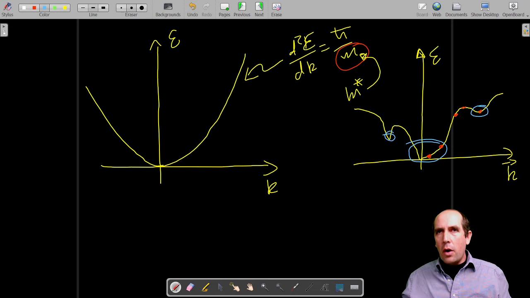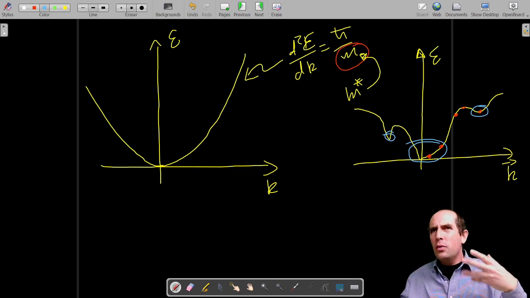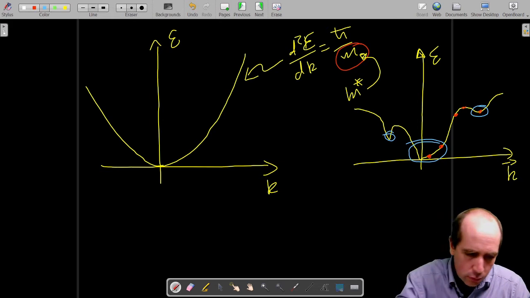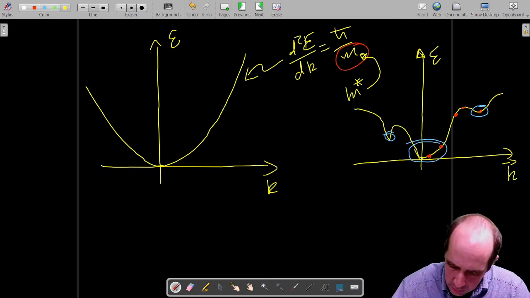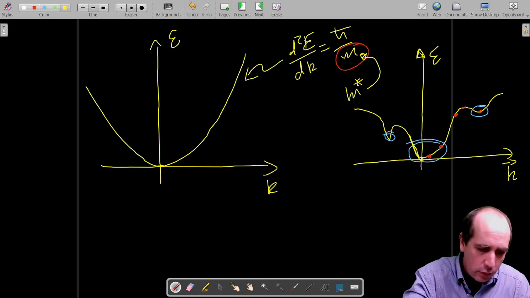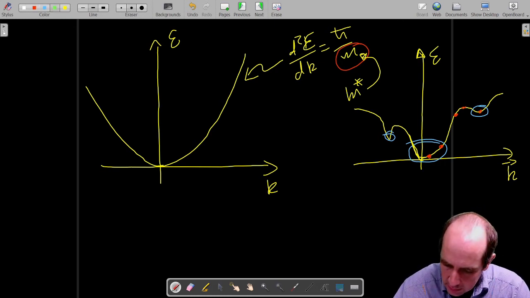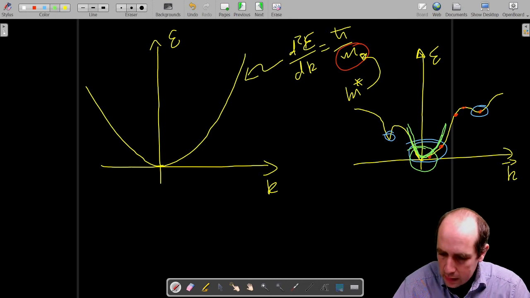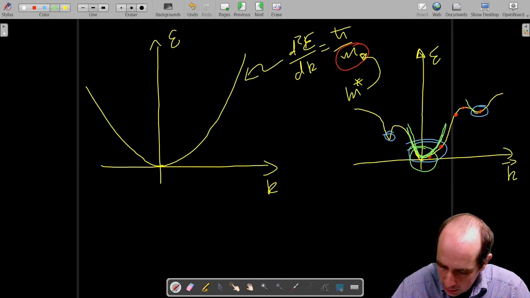And close to a minimum, we can always do the approximation of a parabola. Close to a minimum here, well, this one doesn't look very nice, but we can always approximate any curve reasonably well by a parabola. So if we use a parabola here, it approximates reasonably well the curve near any minimum.